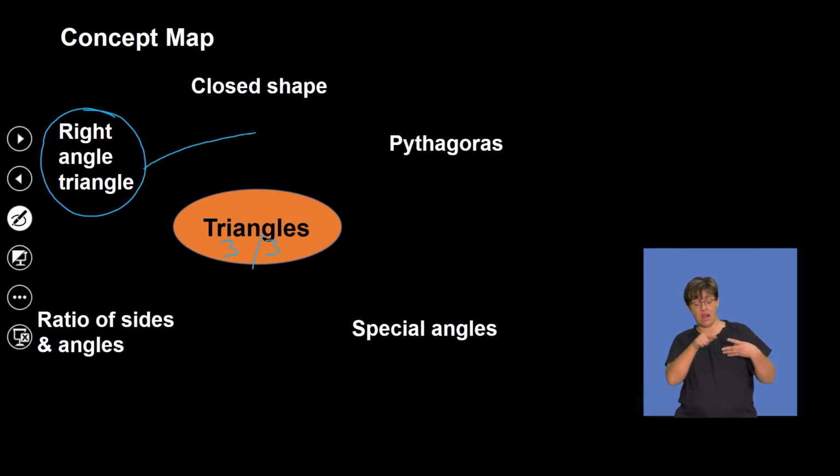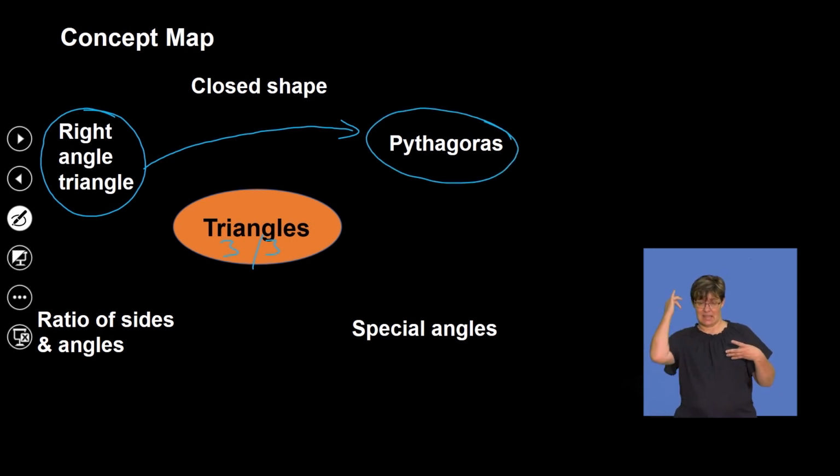Because of a right-angled triangle, we can then use what we call the Theorem of Pythagoras, and that's only because there is a 90-degree angle in that particular triangle. You can see, even if you were to go to Google and just look at the history of the Theorem of Pythagoras, it was only discovered because of a right-angled triangle.